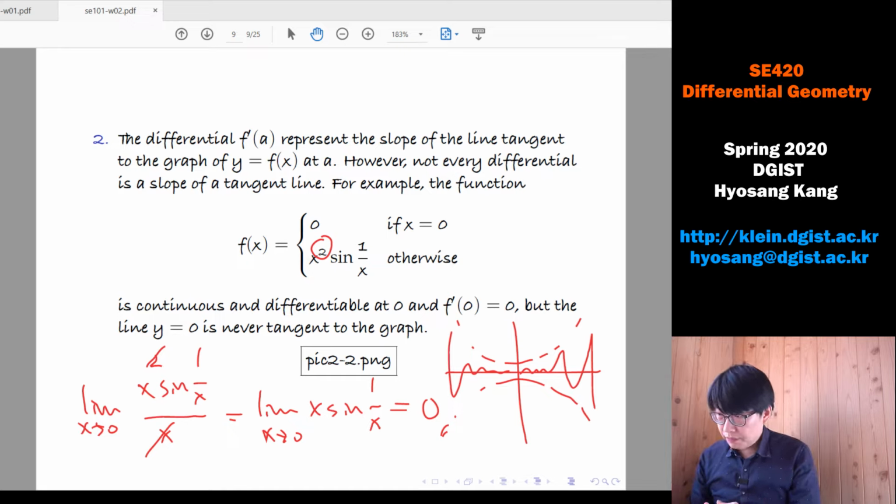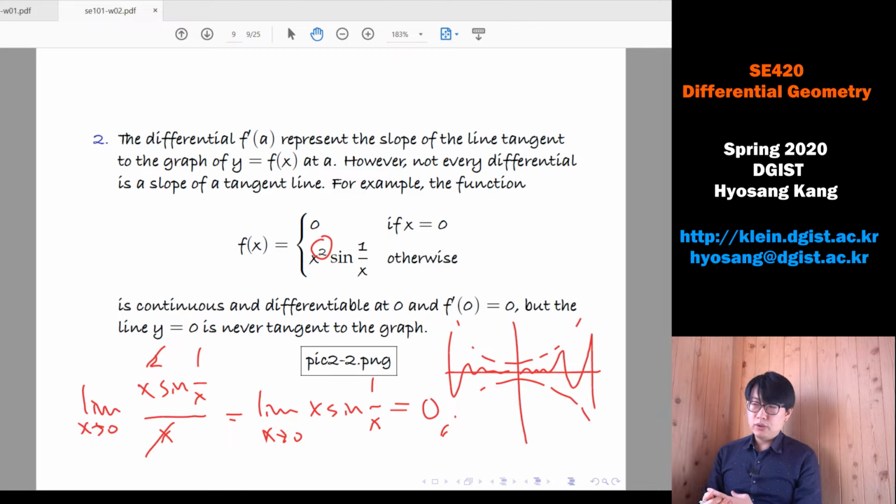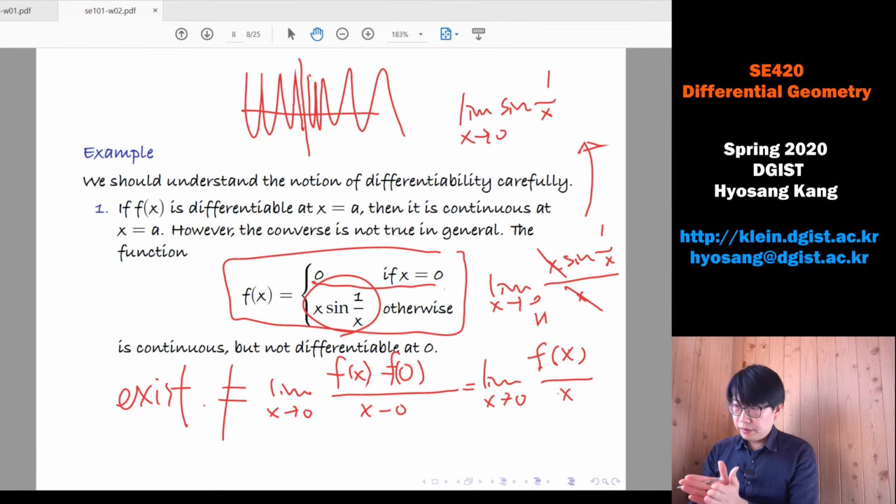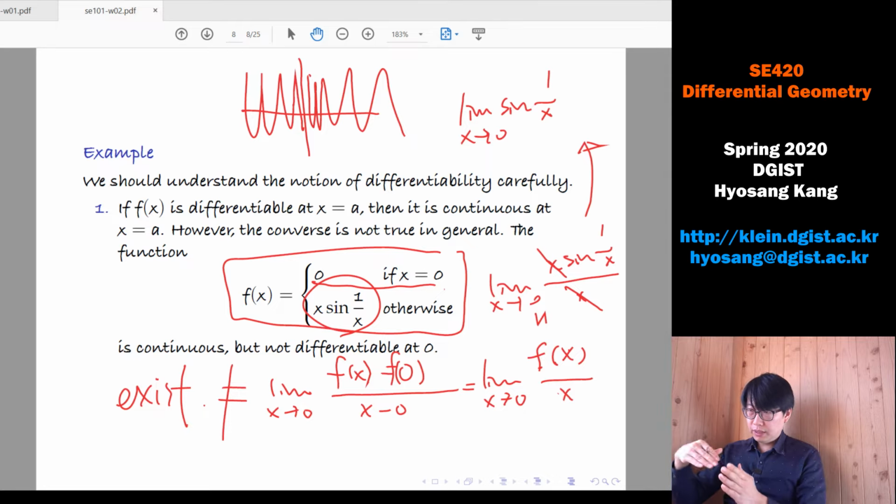Differentiability, in your intuitive definition, is the slope of a function. So when you try to compute the slope of the function in the previous example, the slope changes from -1 to 1 or to infinity because you have too much oscillation in the small interval near 0.